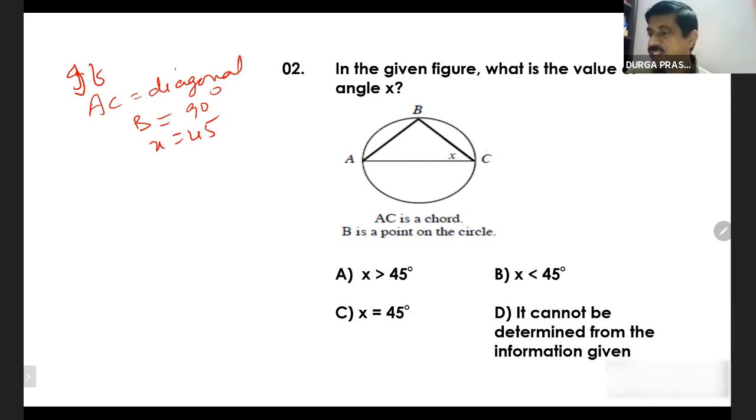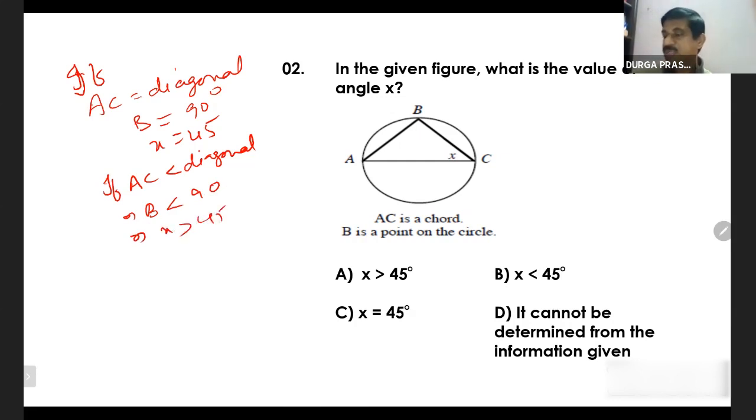So if AC is not a diameter, if AC is lesser than the diameter, then automatically B will be less than 90. It implies x will be greater than 45.